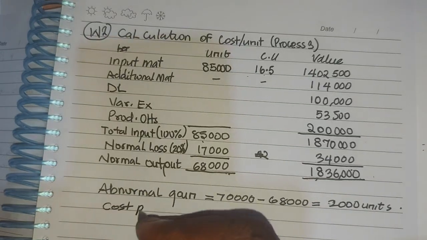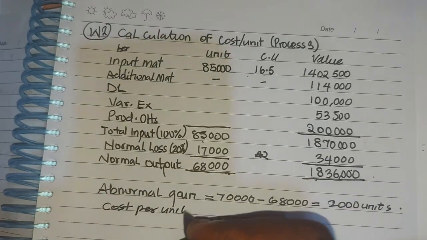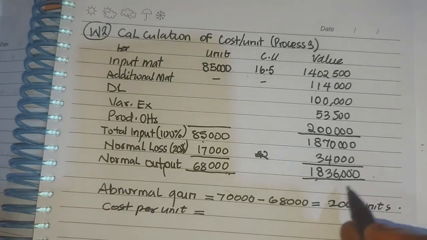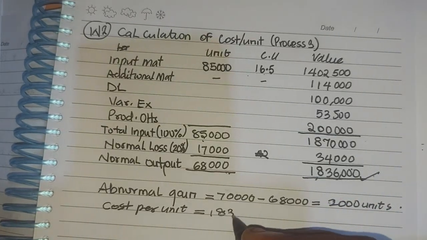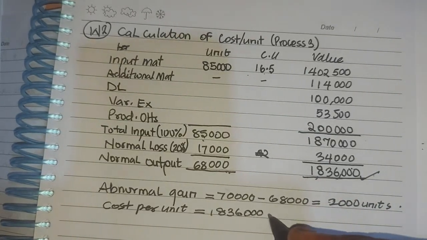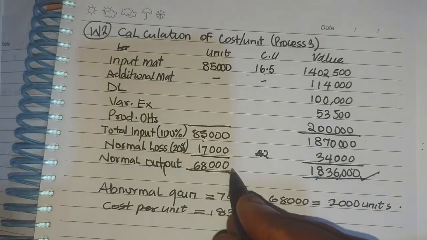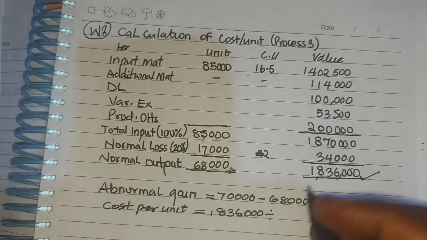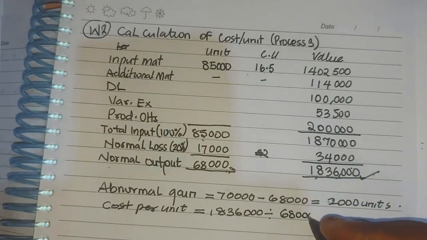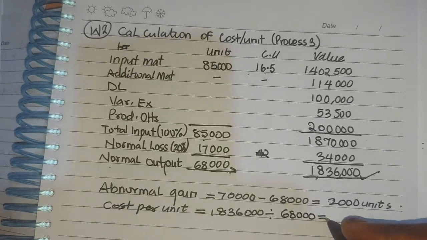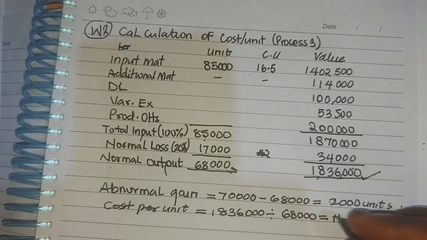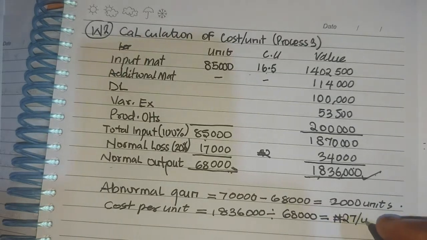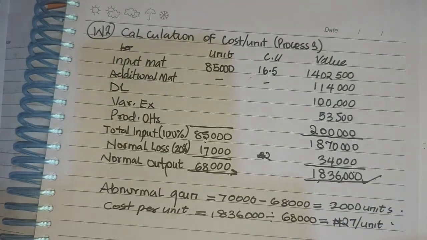Then let's calculate our cost per unit. Our cost per unit needs to be determined: this total, 1,836,000, divided by the normal output, 68,000, and this will give you nothing but 27 naira per unit.